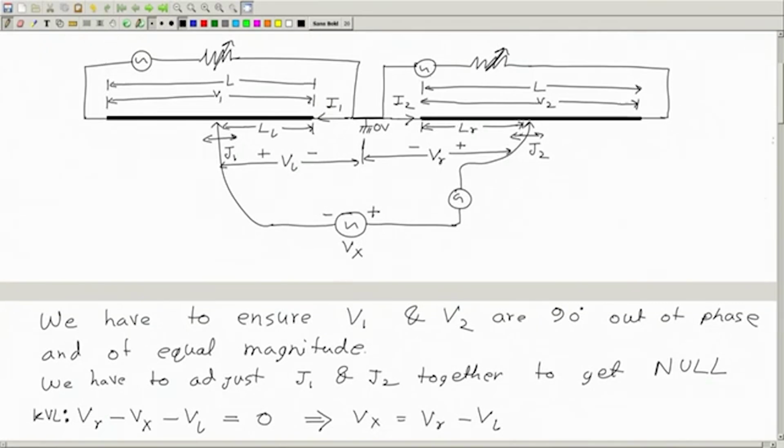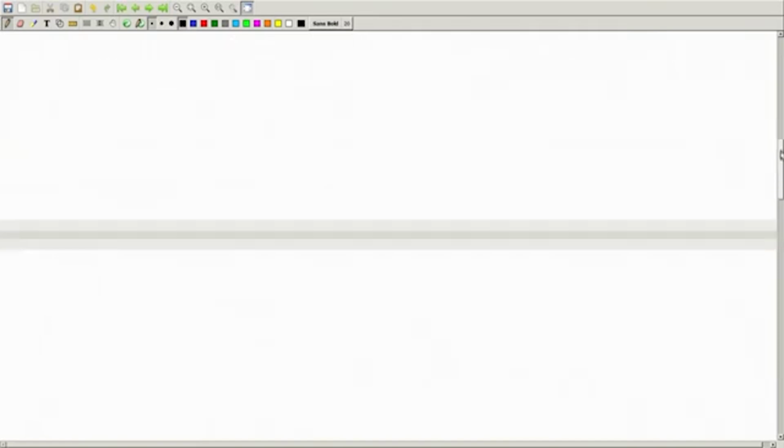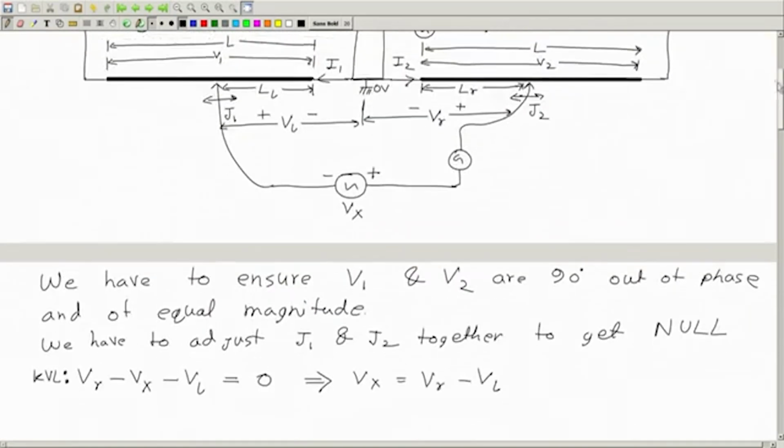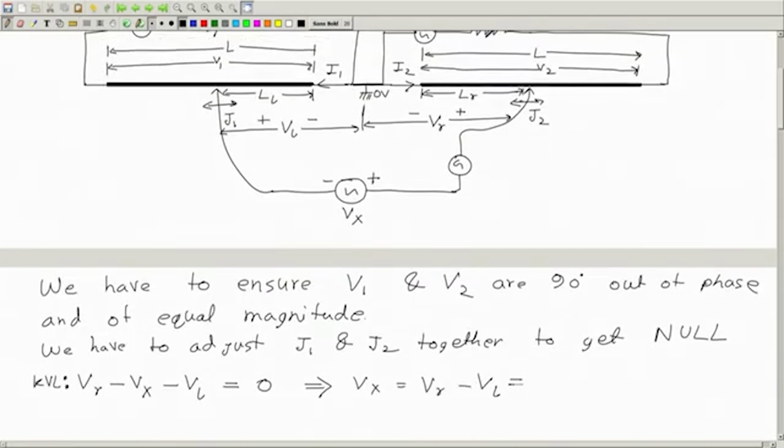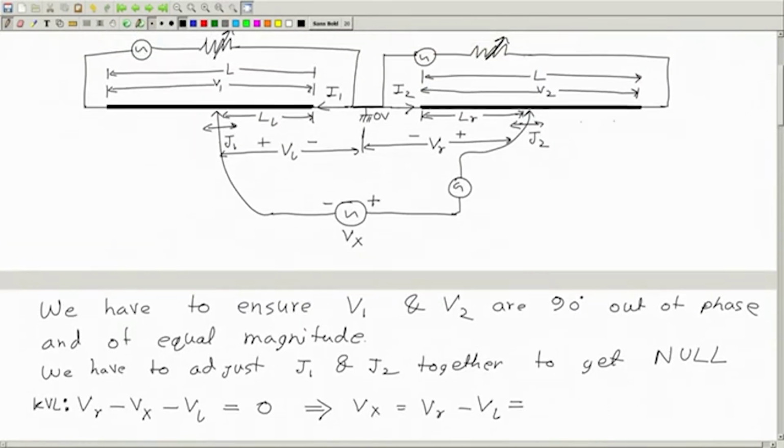Okay, so then we can write this as, so VR will be equal to V2 divided by L multiplied by LR minus VL is V1 divided by L multiplied by L left. So this is the unknown voltage.